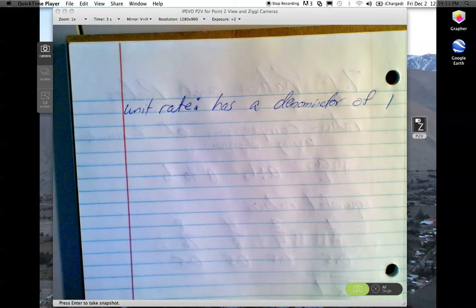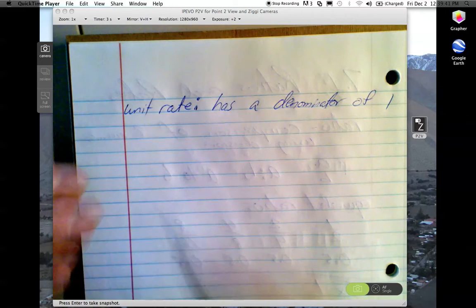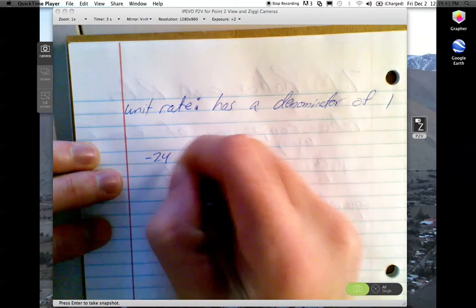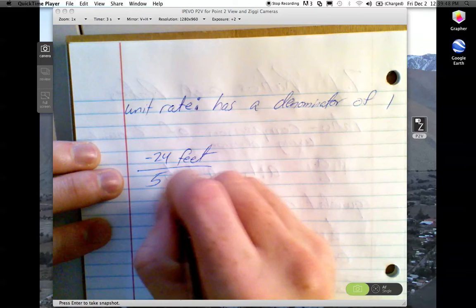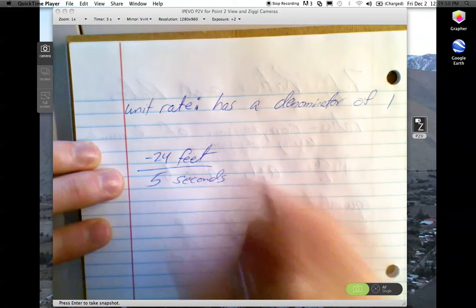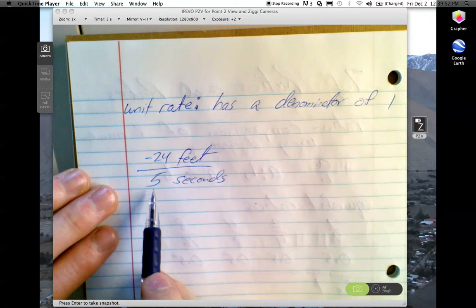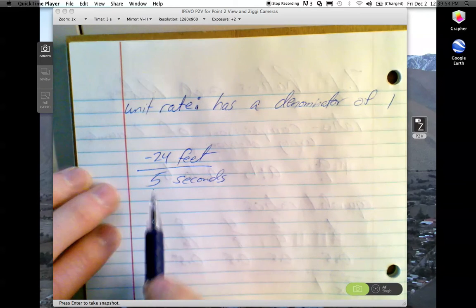Let's take a look at example 3 on page 344. Write negative 24 feet per 5 seconds as a unit rate. So negative 24 feet per every 5 seconds. Well, we've got to make this unit right here 1. So let's go ahead and just divide 24 by 5.